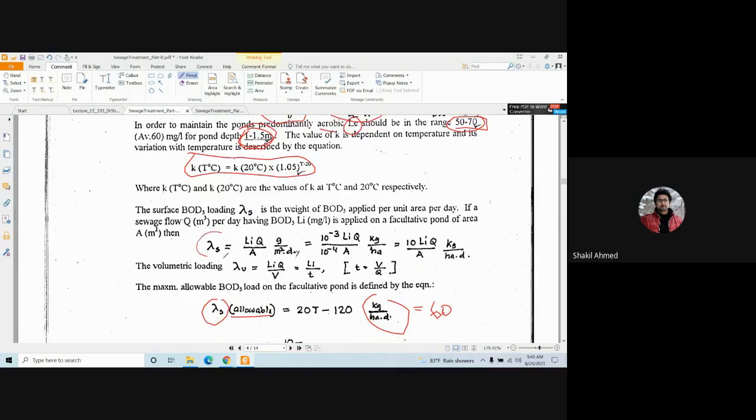And this is your actual load. You put your Li, Q, and A, you get 80. Can you put this 80 here? Can you apply this 80 load in this pond? Your maximum allowable is 60. Can you do this?